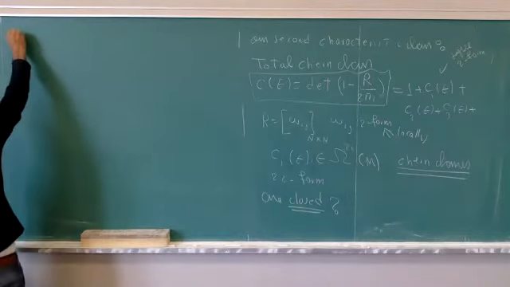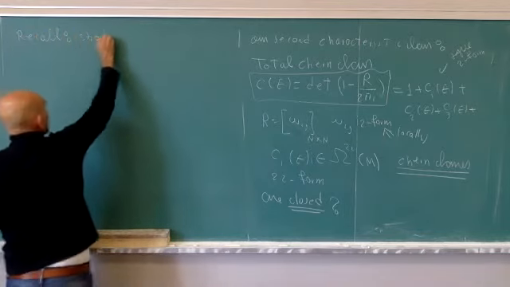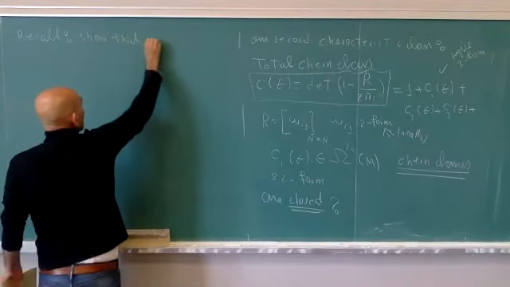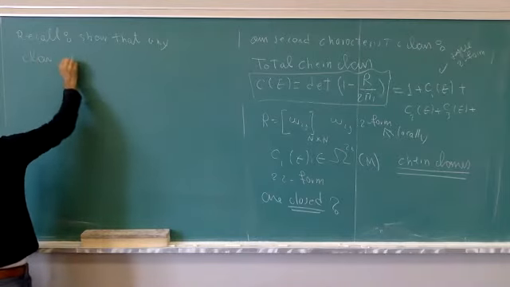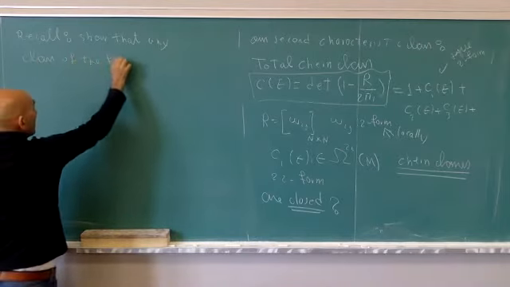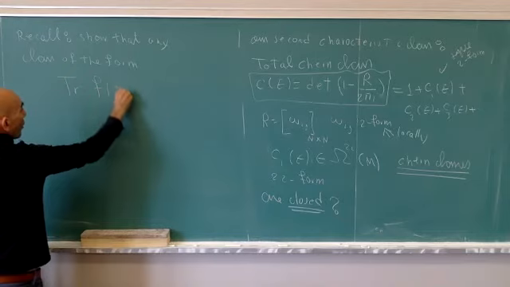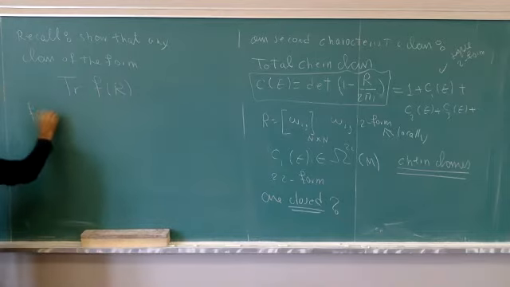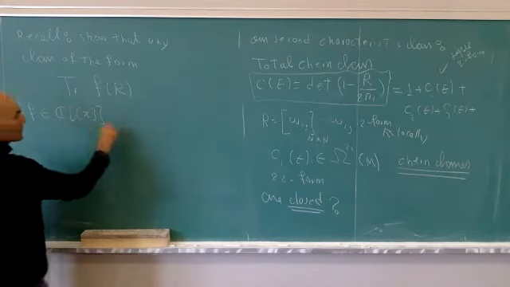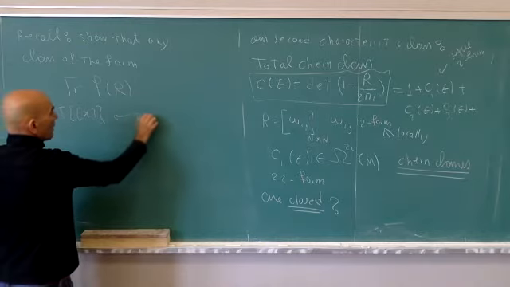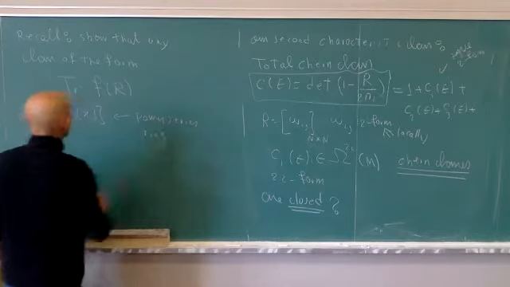So recall what we did before. We showed that any class of the form trace of f of R, where f belongs to C[[x]], any power series ring, is closed.